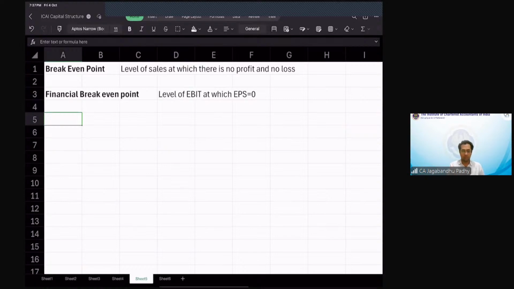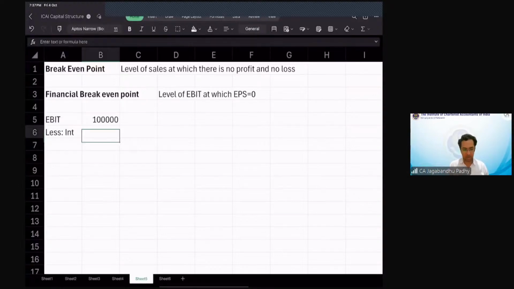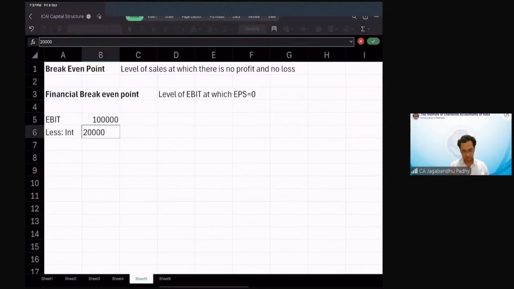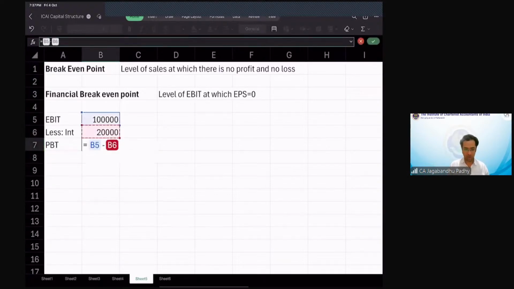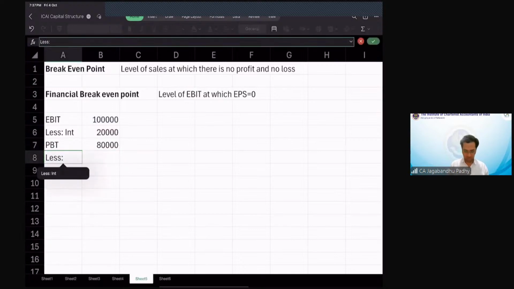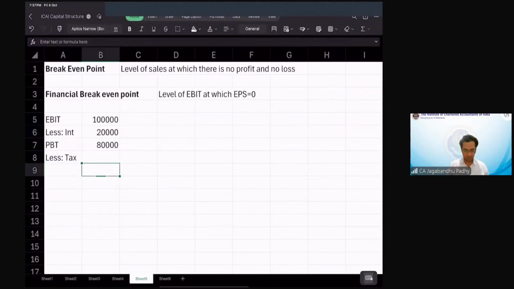So let us say EBIT as of now is, suppose, 1 lakh. Now, of course, from that we subtract the interest. Interest is 20,000. We get profit before tax of 80,000. Then we subtract the tax. Tax is, let's say, 50%.